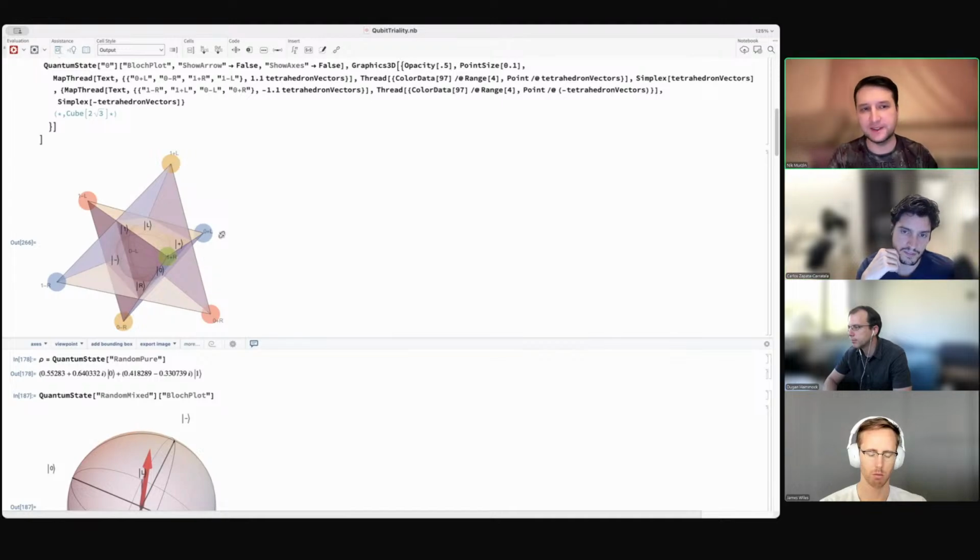Yeah, I'm embedding the same density matrix into a conjugate basis. The same density. Yes. Right. So I see. Interesting. Okay, I think I understand what you're doing.